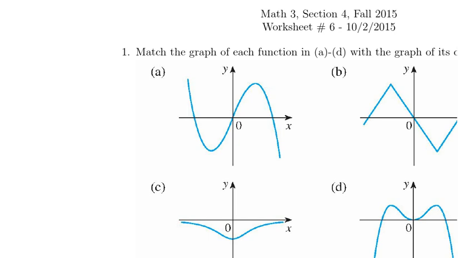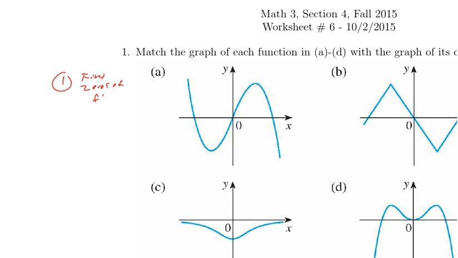Okay. So the first thing you're going to know when you're looking at a derivative is where are the zeros. First, find the zeros of f prime. And those are the flat spots, right? So there's going to be a 0 right here.